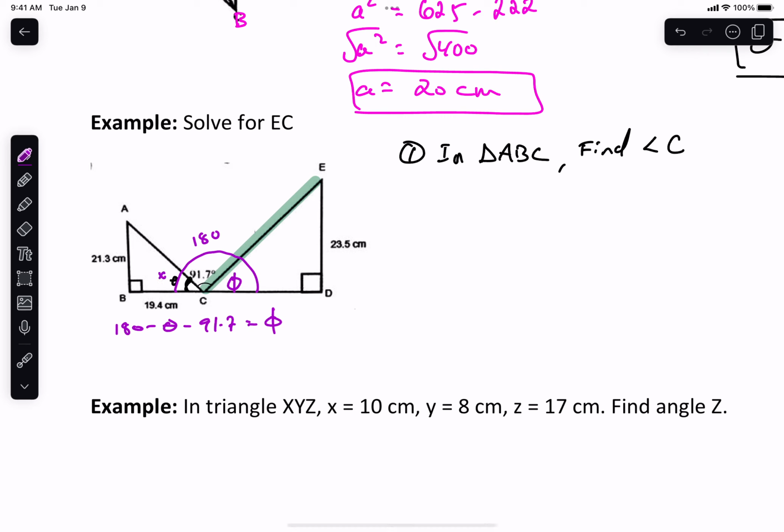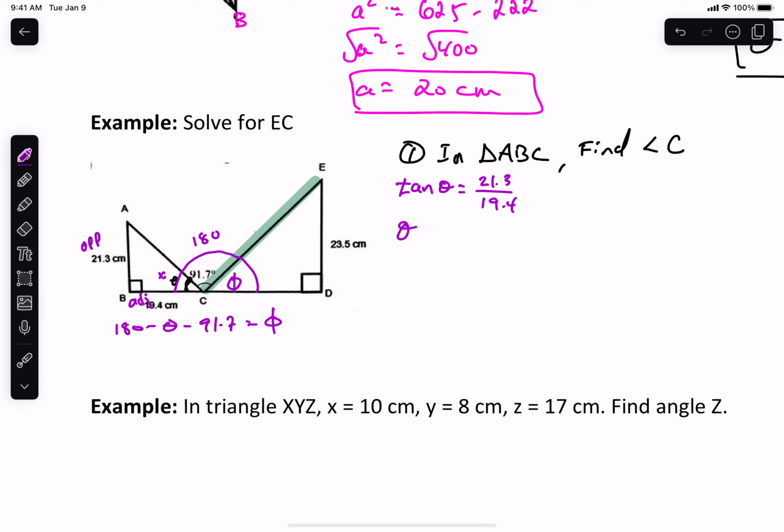Again, if I'm standing here, this is going to be opposite, this is adjacent, and I don't know anything about the hypotenuse. So I'm picking tangent, because tangent is opposite over adjacent. So tan of theta is going to equal opposite, 21.3, divided by 19.4.